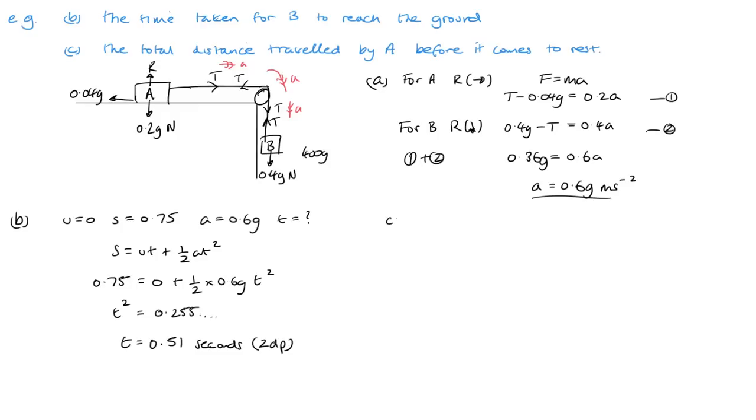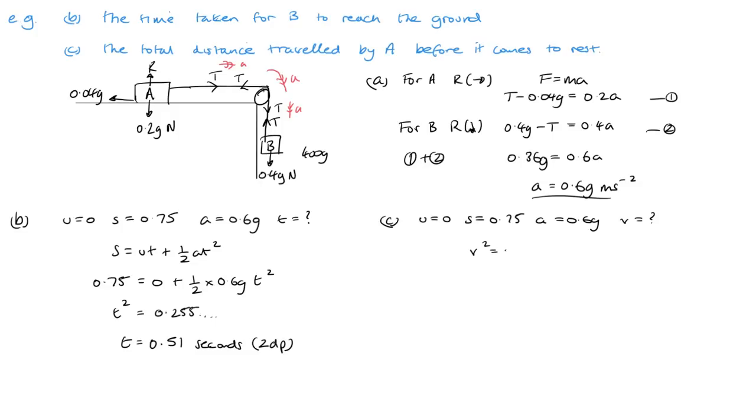Now we move on to part C, the total distance travelled by A before it comes to rest. First we need to find the speed of B when it hits the ground. So we know u is 0, s is 0.75, a is 0.6 g, and we want to find v.